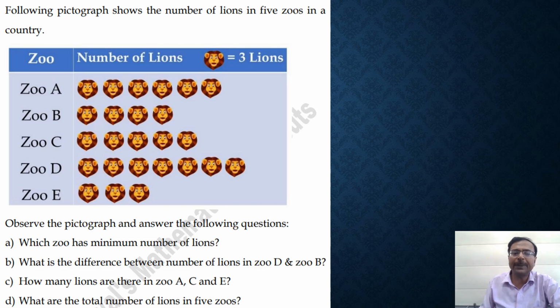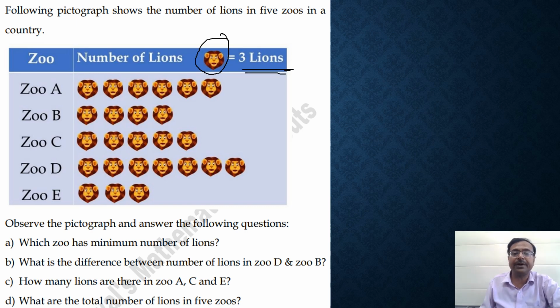Let's see a question of pictographs now. Now this is a pictograph. You can see the number of lions in 5 zoos in a country. In a particular country, there are 5 zoos, and we have seen how many lions are there in each zoo. Now the figure which is drawn there, I'll just mark it for you. This figure which is drawn there, this represents 3 lions.